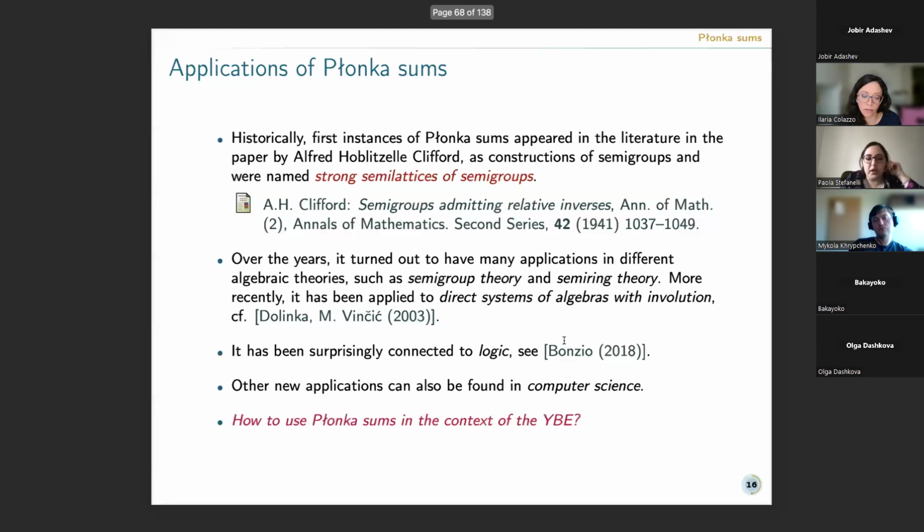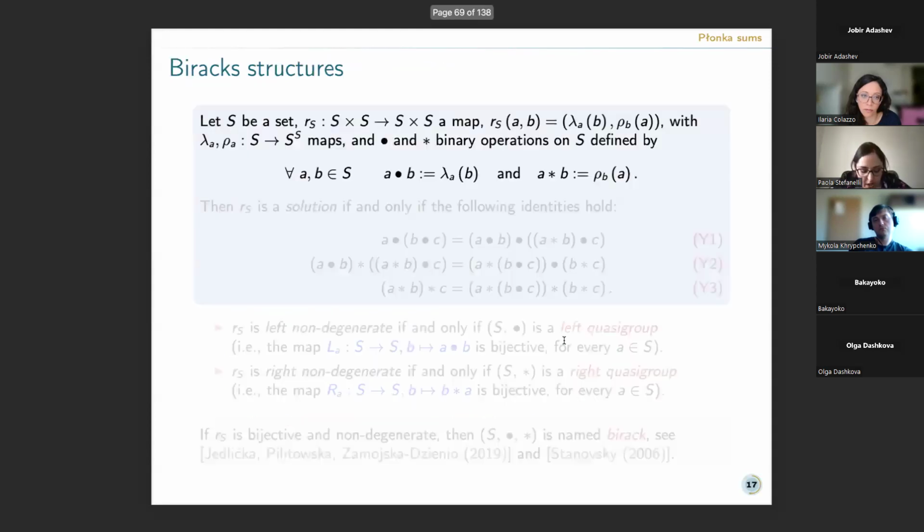So what about the Yang-Baxter equation? What are the applications of Płonka sums to the Yang-Baxter equation? To answer this question, we can take a look at other structures related to the Yang-Baxter equation that are Dirac structures.